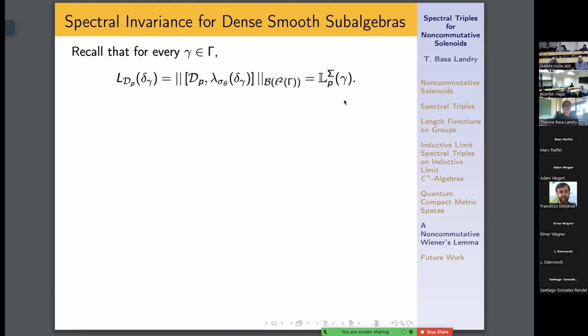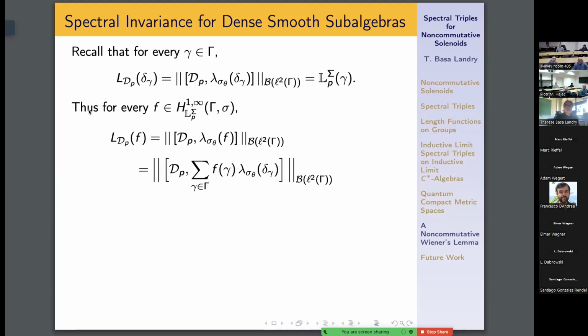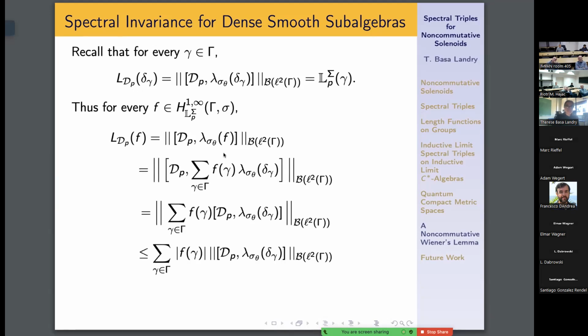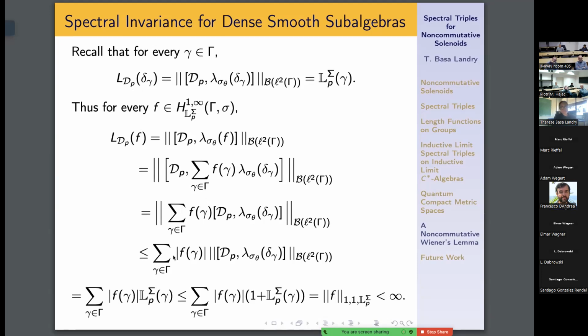So remember this key equality. And so the consequences of this equality for every function in this dense star subalgebra: if I take such a function and take its semi-norm, then I get this series of inequalities. So that's where we apply this over here. That comes over here. And that's of course bounded by this, but that's exactly the definition of this norm.